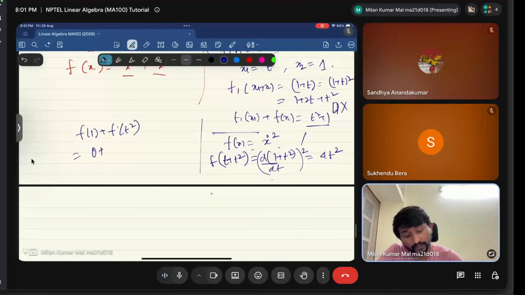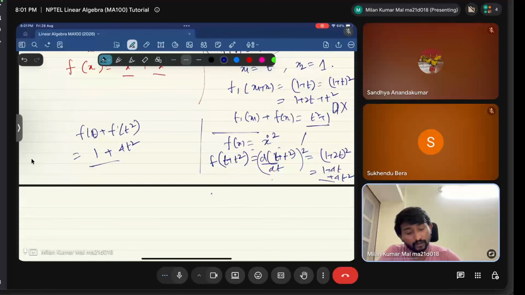Okay, let's take t. This will be 1 plus 2t square, that is equal to 1 plus 4t plus 4t square. Then for t, the first derivative is 1 and its square is 1 again, plus the first derivative 2t and its square 4t square.